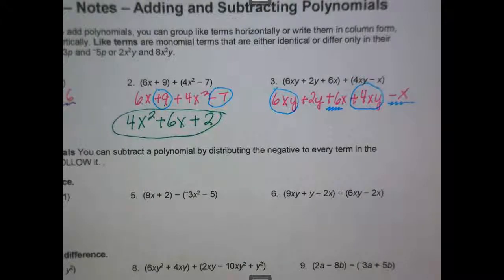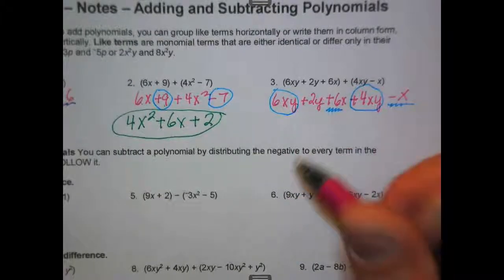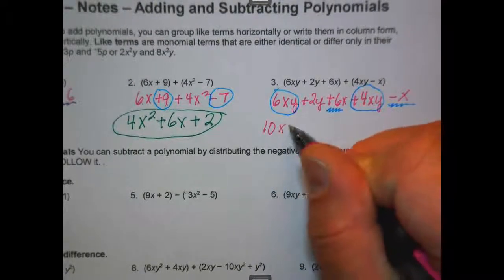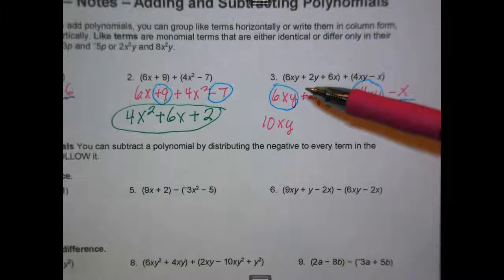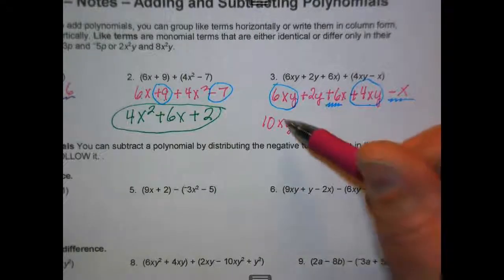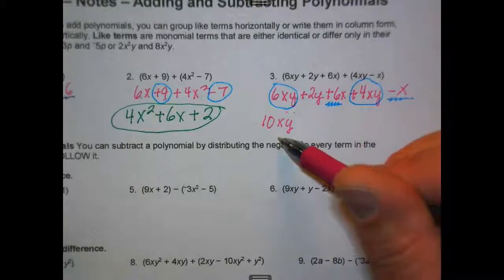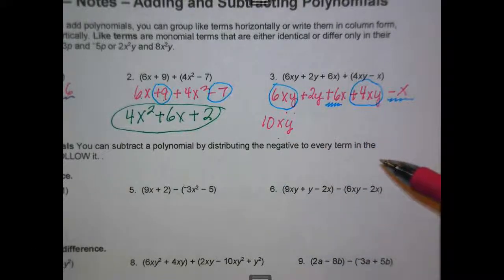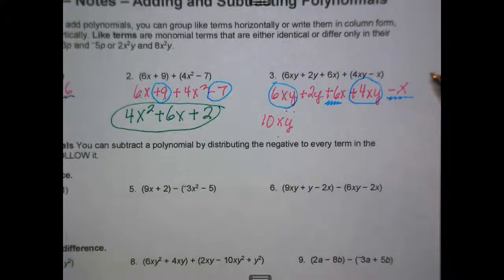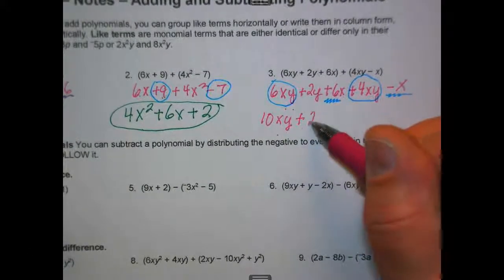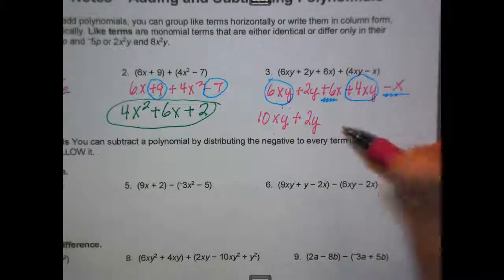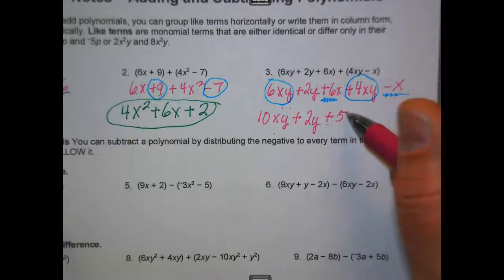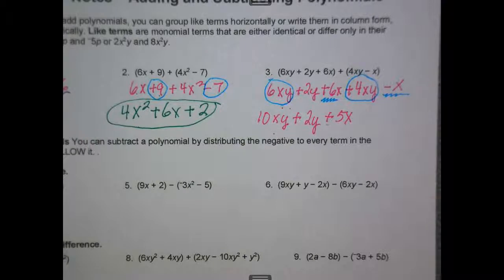What's my highest degree here? Yeah, the 6xy and the 4xy, which is 10xy. Remember, we count the degrees of the variables for the highest degree, right? So that 1 plus 1 is 2 degrees. You can either put the y's or the x's first, it doesn't matter. Plus 2y, 6x minus 1x, 5x, and I got them all right.